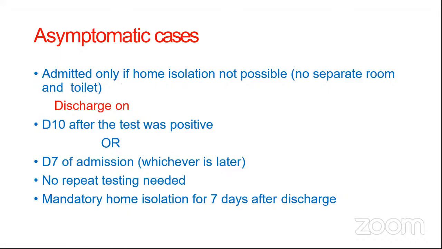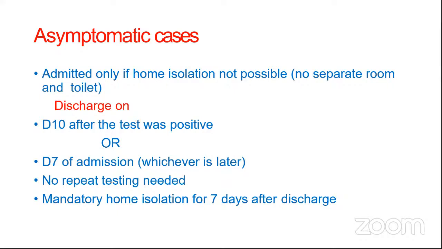Coming to asymptomatic cases. When are we going to discharge asymptomatic cases? Asymptomatic cases are obviously not going to be admitted, but if, because of a social eligibility criterion, the patient would not have a separate room and a separate toilet facility for quarantine of the COVID-infected patient, in such cases these patients will have to be admitted.